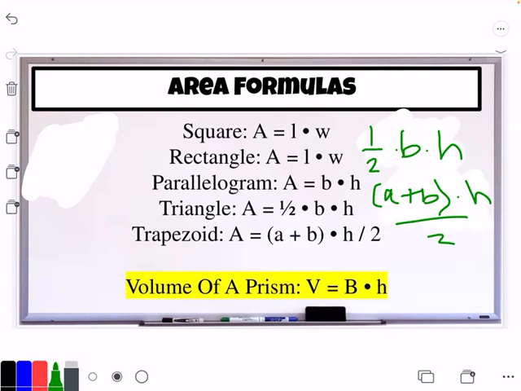For volume of a prism, that is volume equals capital B times H. You can also write it V equals BH like that.